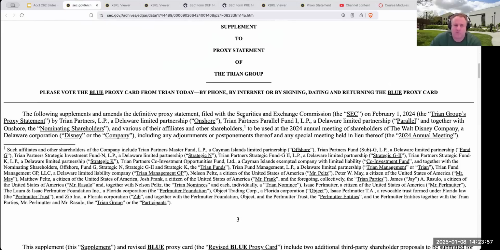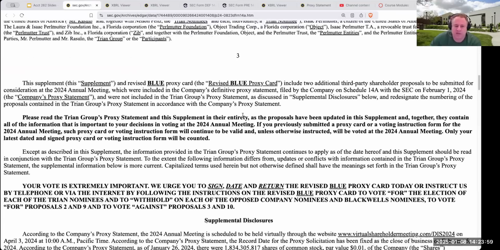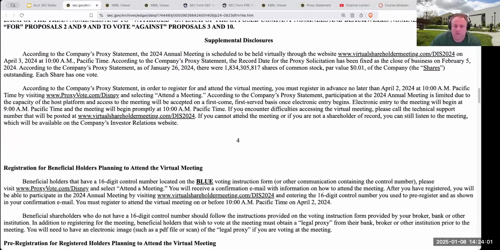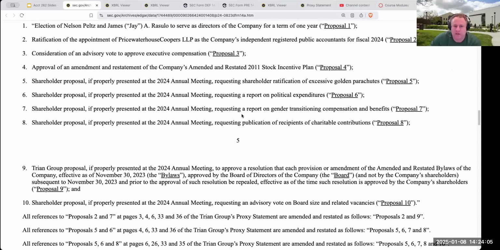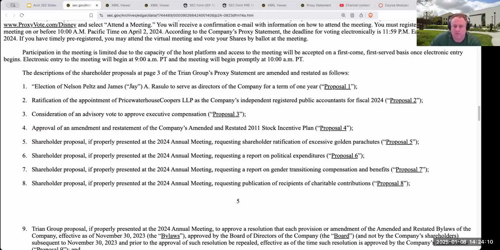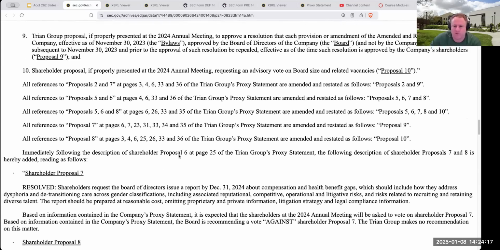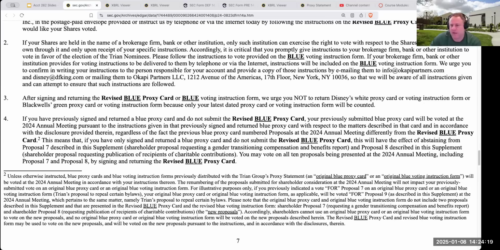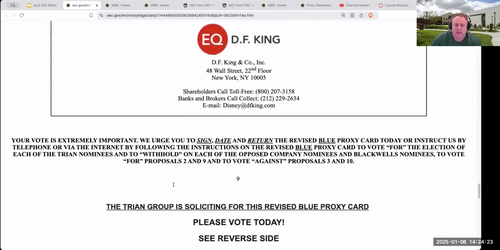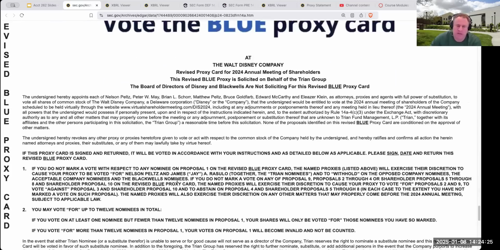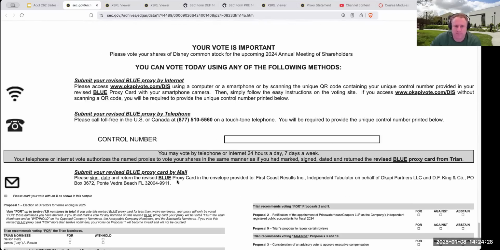What they're really saying is, hey, we want you to go through and vote: election of Nelson Peltz as director, shareholder proposal. So they're saying what they want you to vote for, which is obviously going against what the Walt Disney Company and their board of directors are doing.